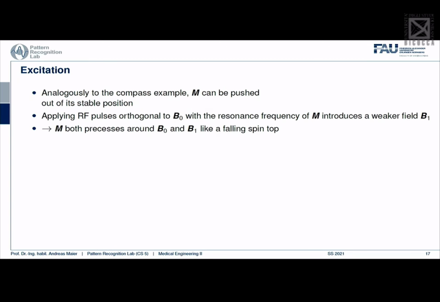Now, we have said that we can push our magnets out of their stable position with a radio frequency wave of the same frequency as the precession frequency. Therefore, what they invented was to send radio frequency pulses orthogonal to B0, because you want to flip the magnet, at the resonance frequency F. When you do that, all the spins start rotating in phase between themselves around B0.